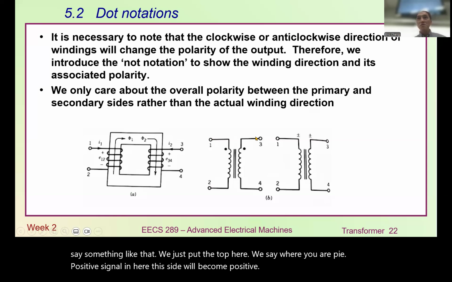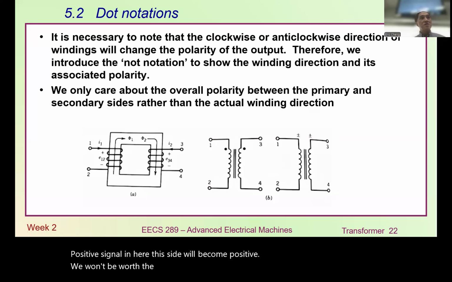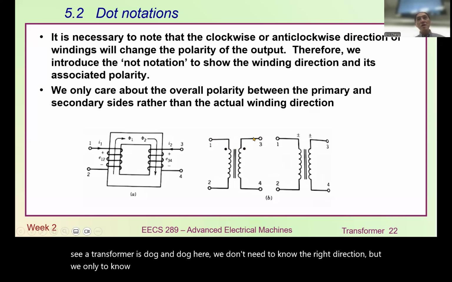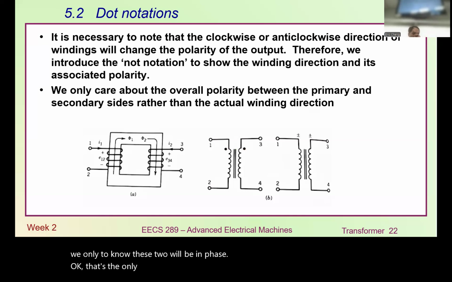We won't reverse the phase. So that's the key thing we need to say. When you see a transformer dot here, we don't need to know the winding direction, we only need to know these two will be in phase. Okay, that's the only message you need to know. So that's how we define the dot rotation.